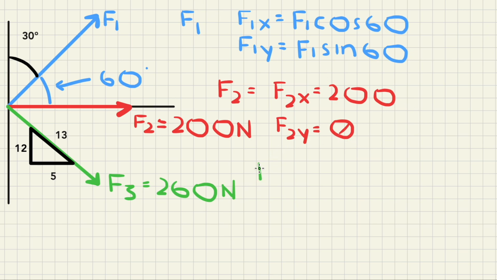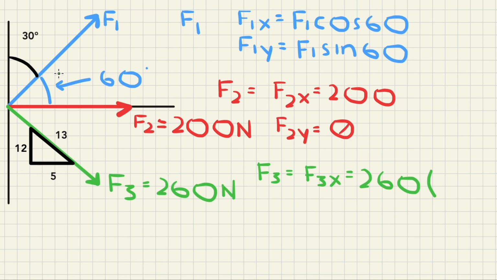And then for our third one down here, this one goes in the positive x direction. So we have 260. And here we're given a triangle. So we're not going to use sine and cosine, but rather we're going to use our ratios. So we can see here that the x direction has this little 5.